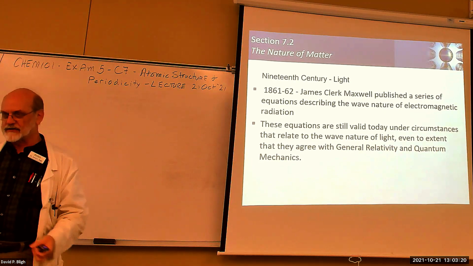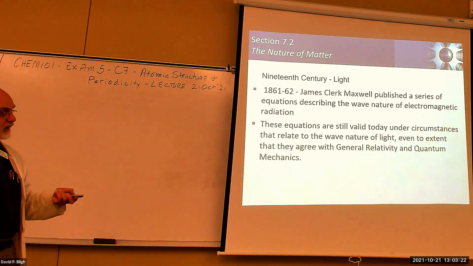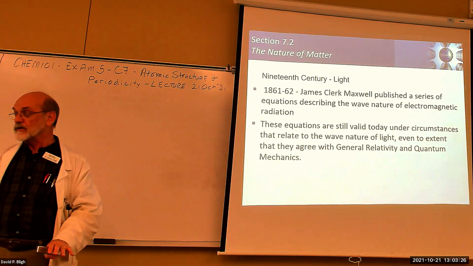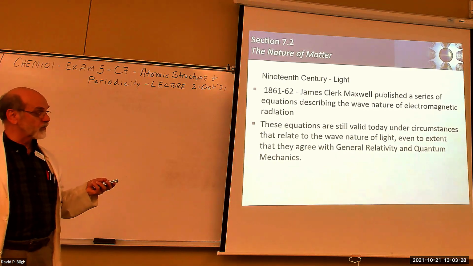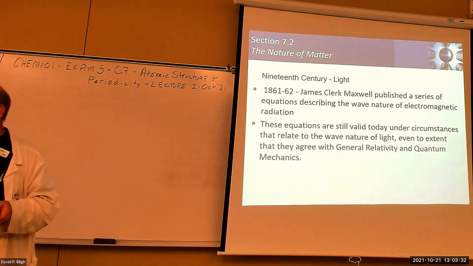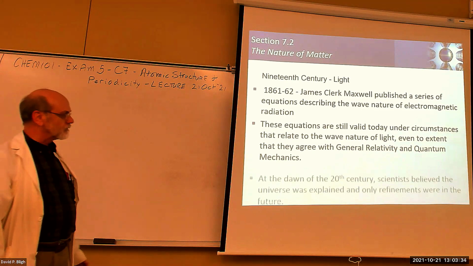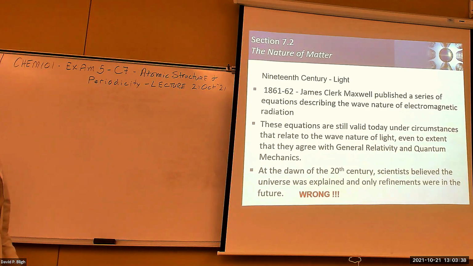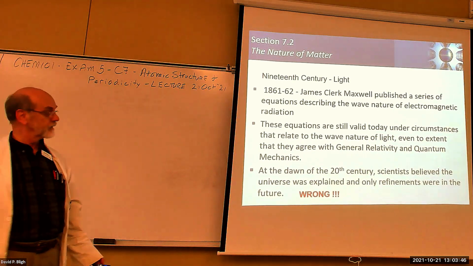And Einstein is getting credit for that one. And when we get really, really, really small, they break down there too. These equations don't work when you get small. So that's where quantum mechanics comes in. And I made that statement before. Scientists thought that we know everything. We just sit back and watch the universe go, tinker around.